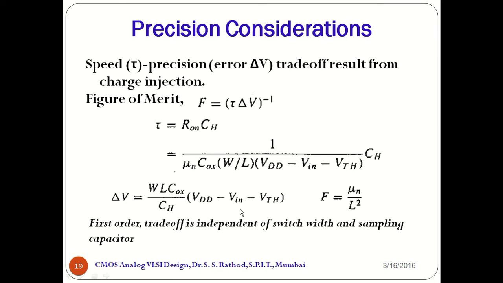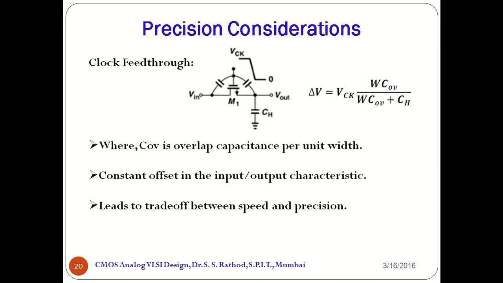You multiply these two, and you can see that VDD minus Vin minus VTH gets cancelled, C0X gets cancelled, then CH gets cancelled. So finally what remains is mobility mu n, W also gets cancelled, and 1 upon L square. So the figure of merit for this circuit is F equal to mu n by L square. Thus, at first order, the trade-off is independent of the switch width and the sampling capacitor.